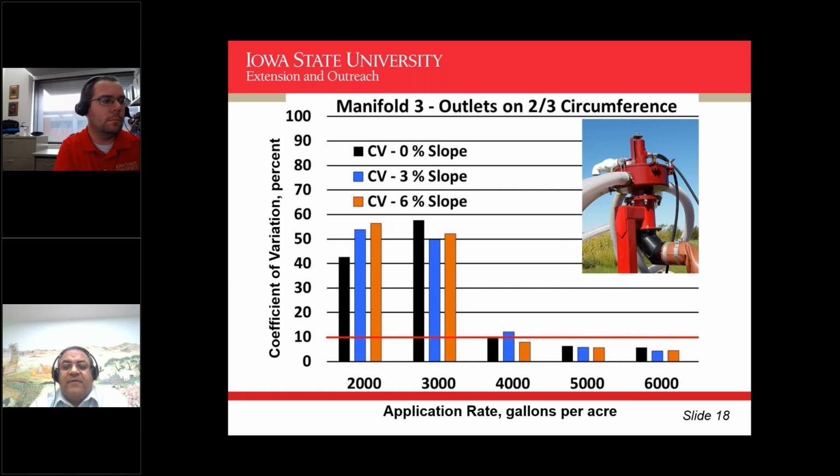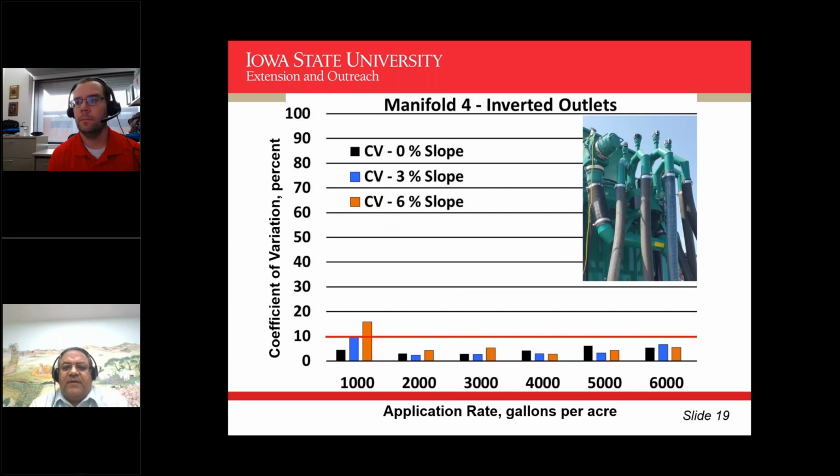Manure enters this manifold also from the bottom, and it has the same configuration where there are bars rotating inside the chamber that block off certain outlets from discharging, so the discharge is pulsed into these hoses. In this particular one, from 4,000 gallons up to 6,000 gallons, it got real good, and as it got higher towards that 6,000, it actually gave even lower variability. But down in the 2,000, 3,000 range, it had significantly higher variability in its discharge.